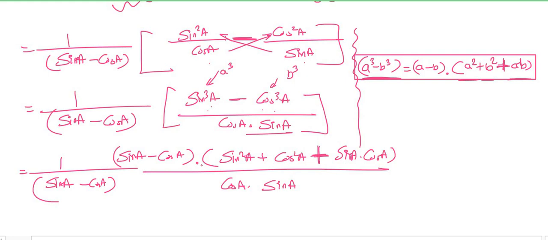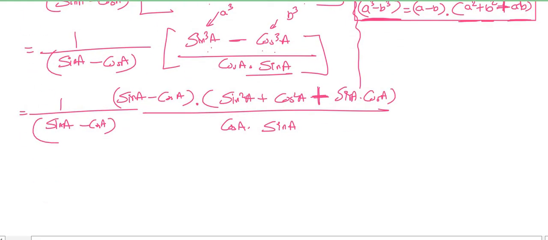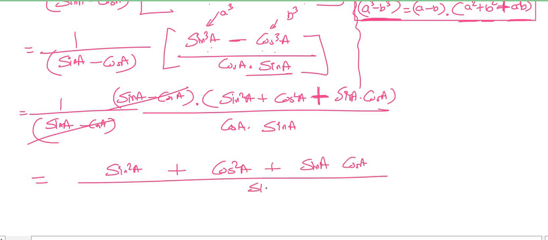Do you think anything is cancelling? I feel these two are same and cancelling. One more thing. Okay. So let me write sin square A plus cos square A plus sin A cos A by sin A cos A. We end up here.